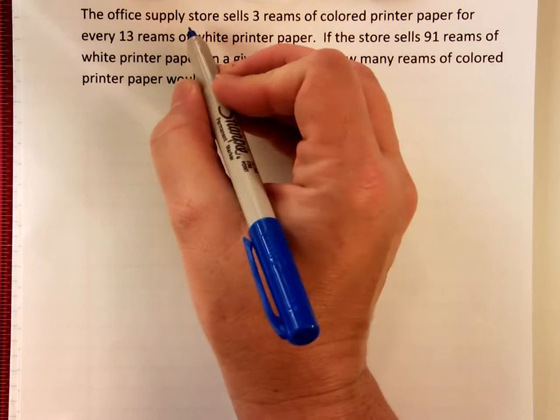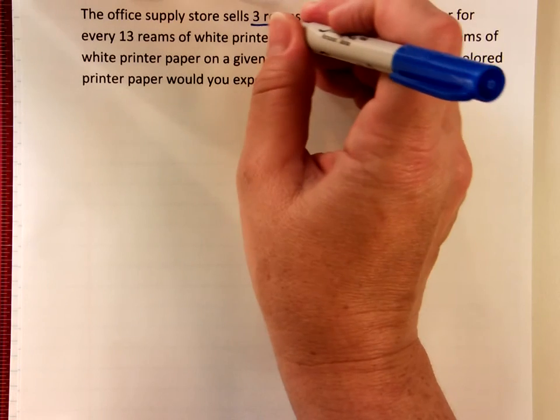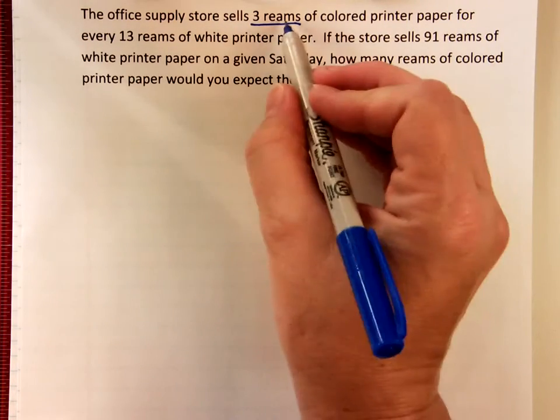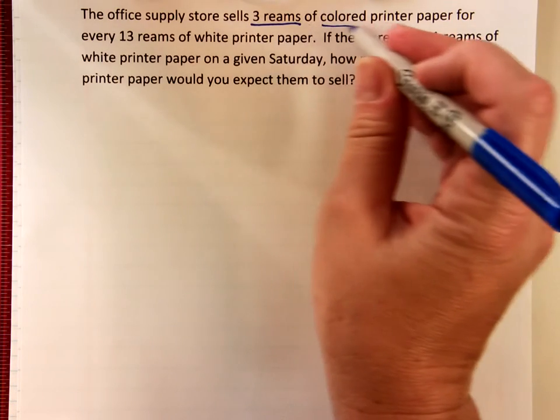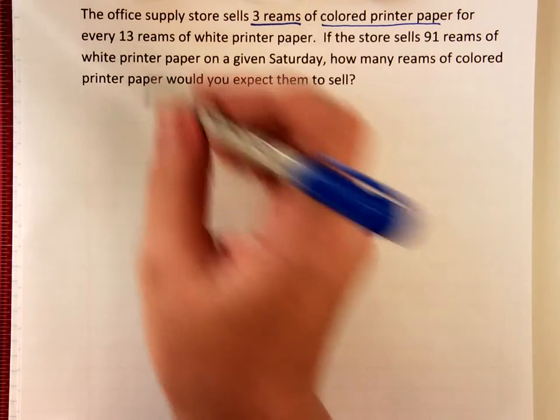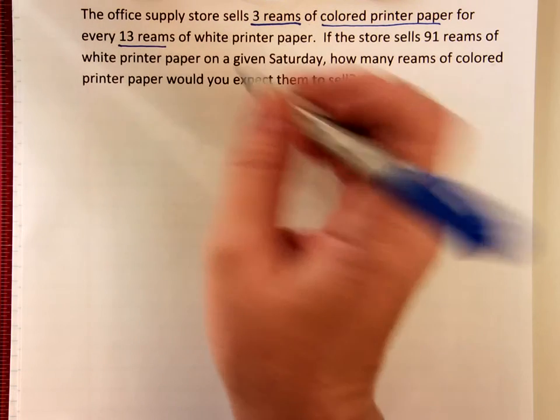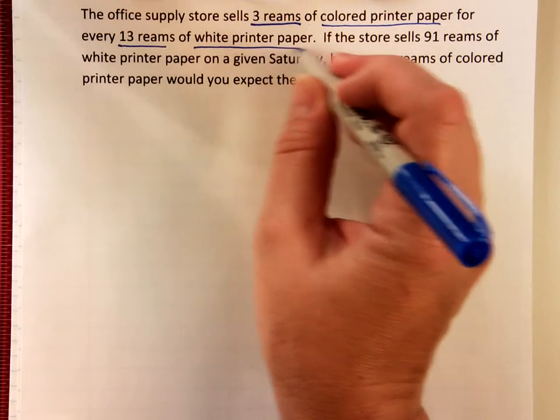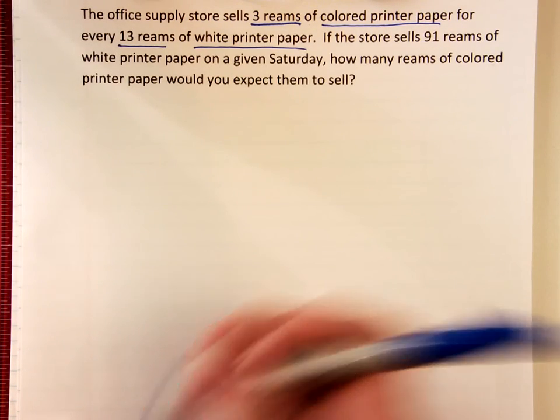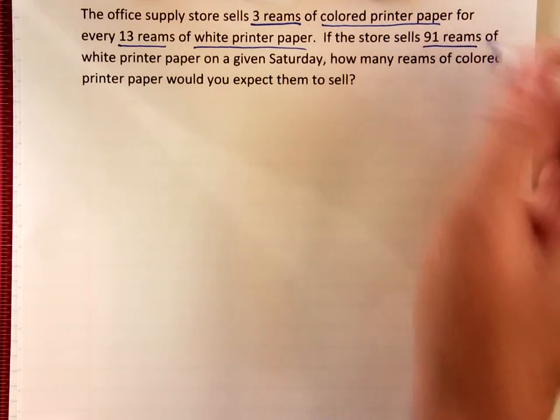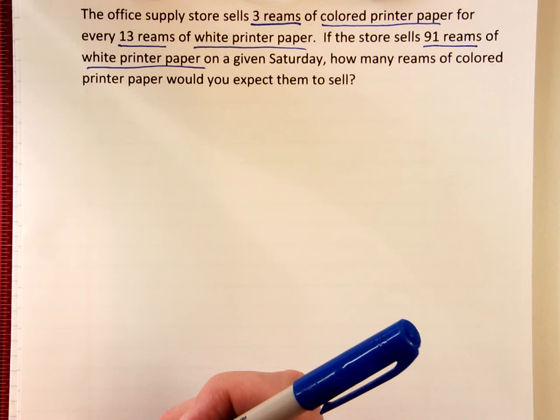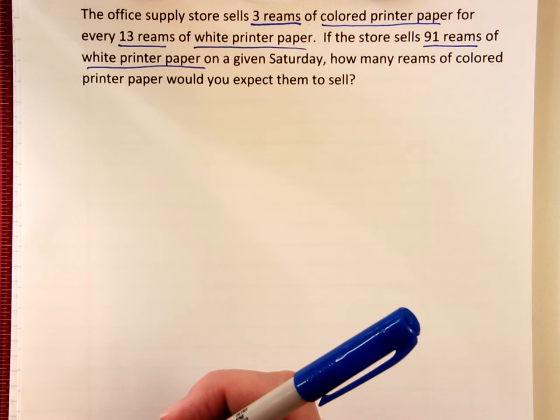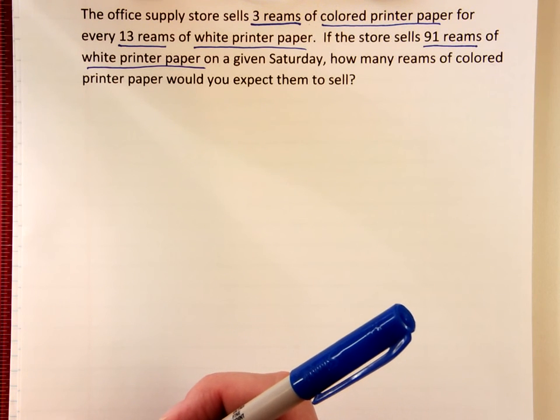The office supply store sells 3 reams, I'm guessing reams is a unit, of colored printer paper for every 13 reams of white printer paper. If the store sells 91 reams of white printer paper on a given Saturday, how many reams of colored printer paper would you expect them to sell?